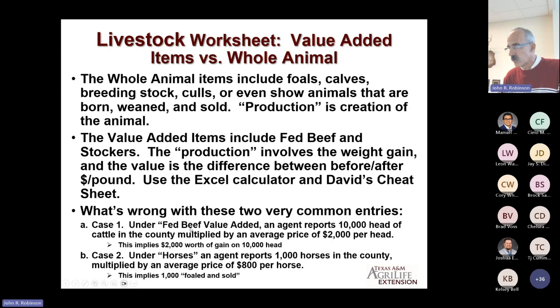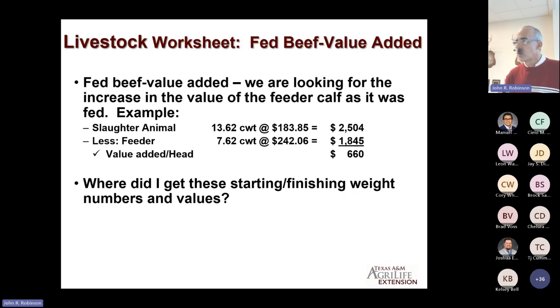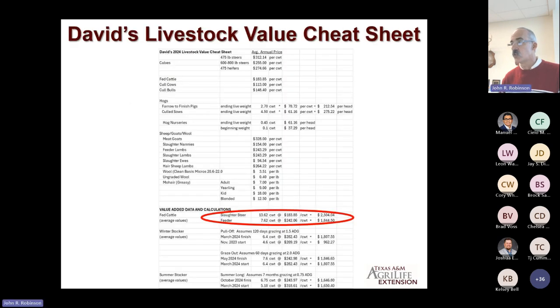I've already gone through both of these, so I'll just skip on through. So the most common source of value, I already covered this. This is the fed beef example that I did on the worksheet with the little box down below. And this is David's cheat sheet, where I'm getting all these different dollars per head or dollars of the value of gain.